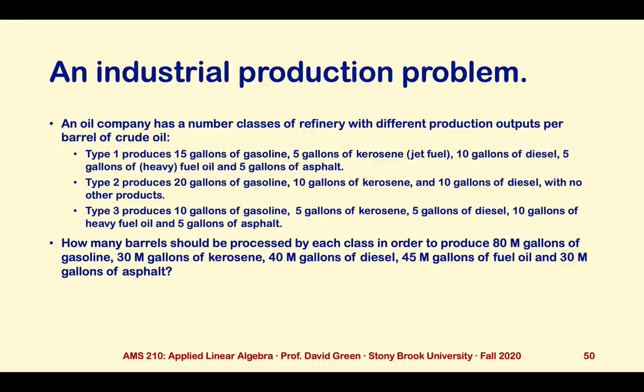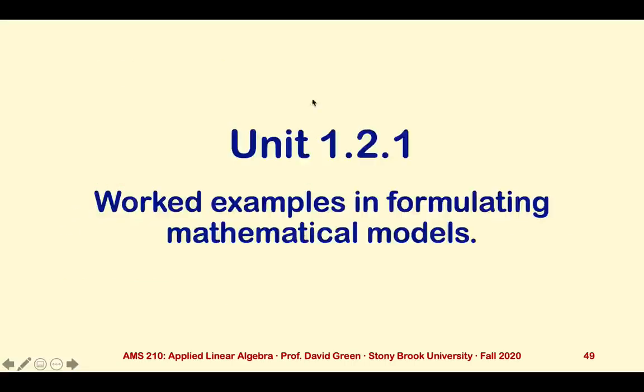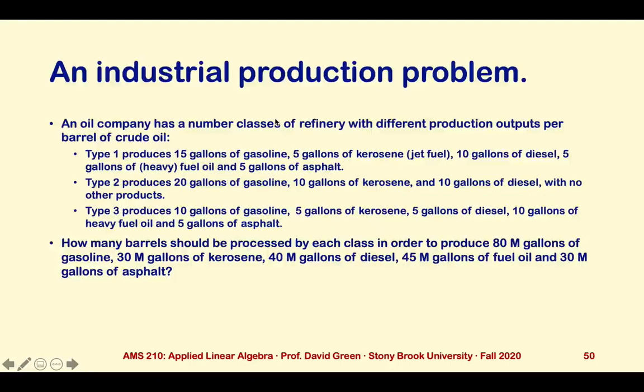So the question is given up on the screen, and you can read it, but I'll go through it also. We have an oil company that has a number of different types of refinery, type 1, 2, and 3, and each of those different types of refinery produces different outputs based on the crude oil that is input.